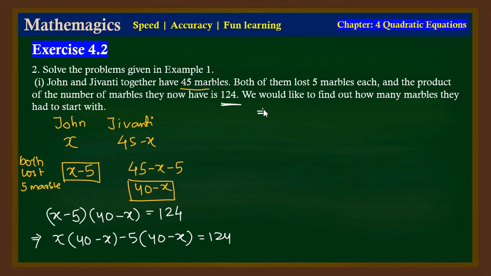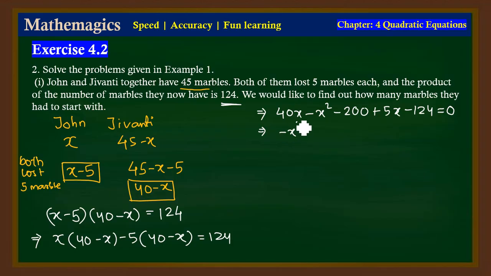So this implies that x into 40 becomes 40x minus x into x becomes x square. Now 5 into 40 becomes 200, plus 5 into x becomes 5x. And this 124 will come to this side, that becomes minus 124 is equal to 0. So let us write, this becomes minus x square.